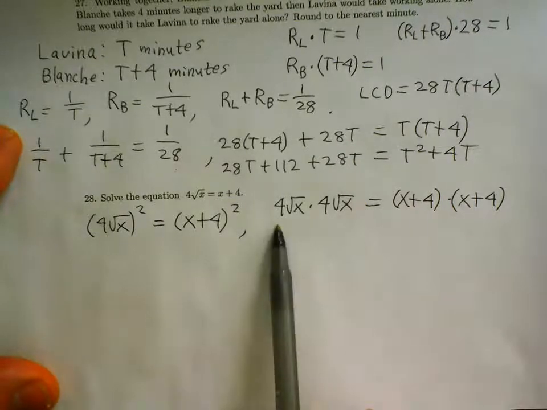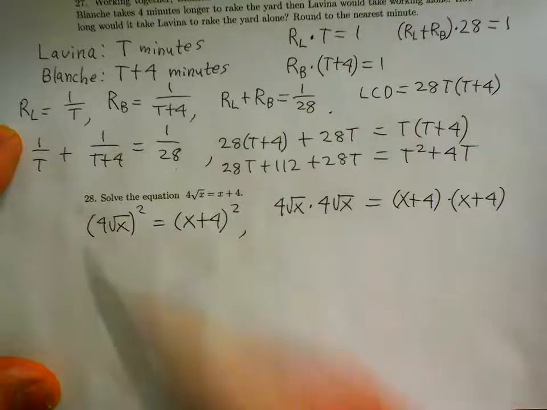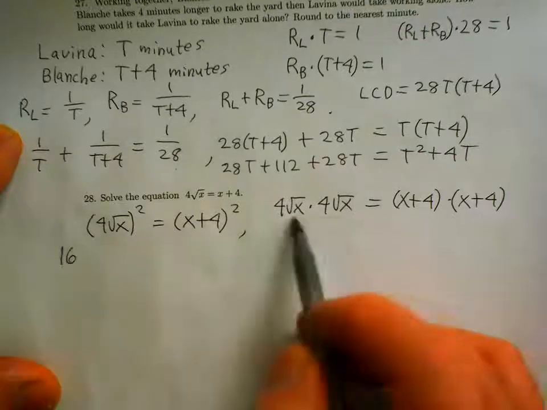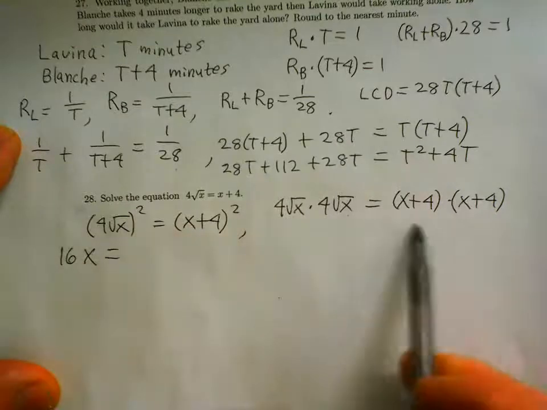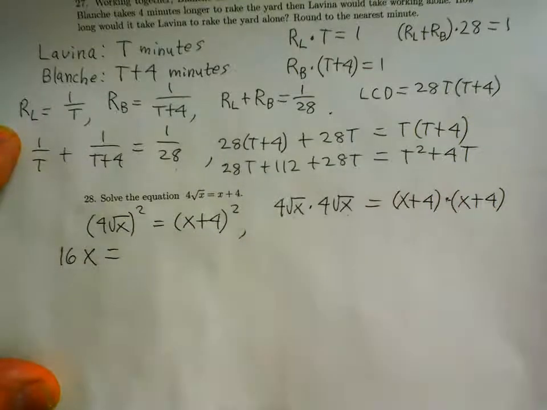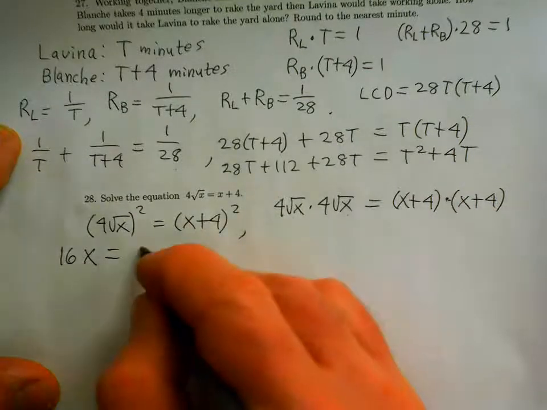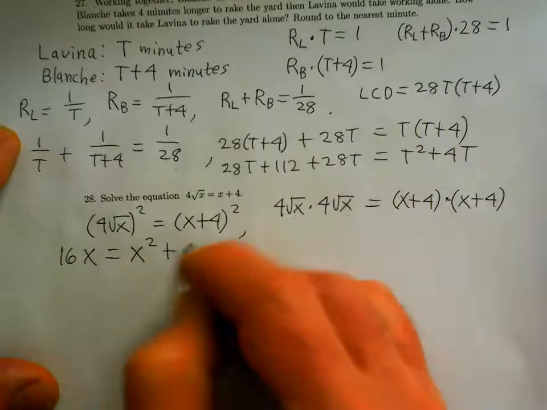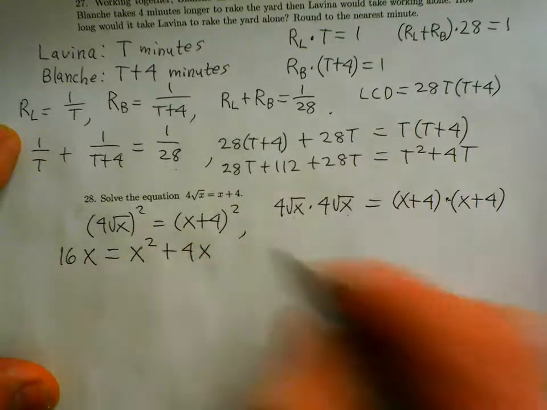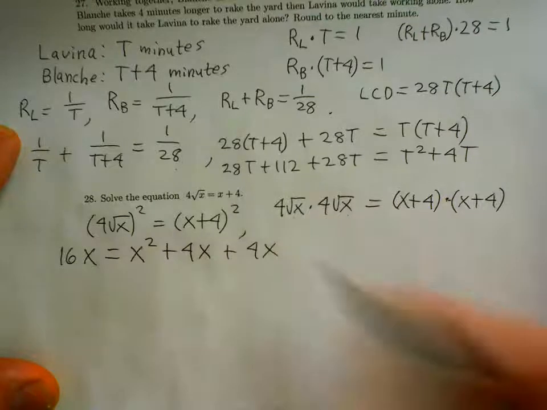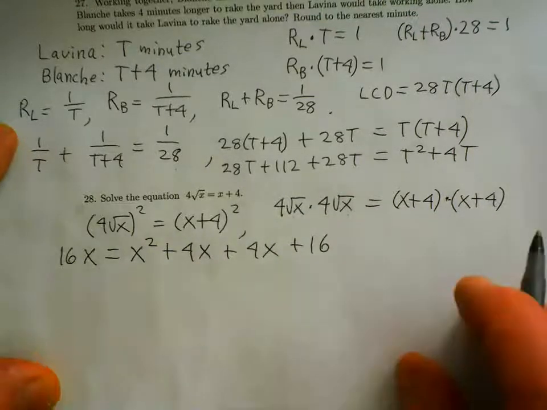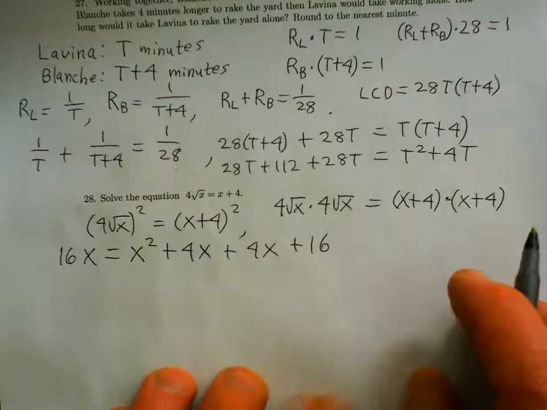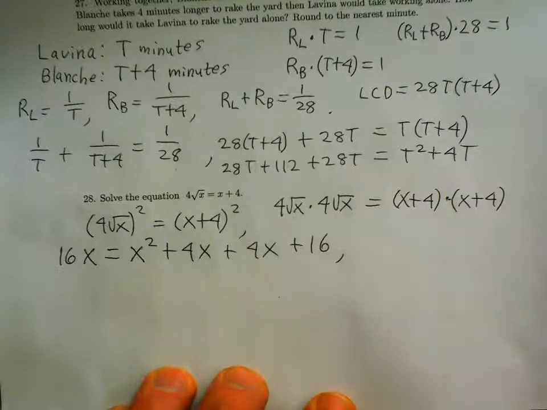So 4 times 4 is 16, and the square root of x times the square root of x is x. And then on the right-hand side, when we multiply x plus 4 times x plus 4, we get x squared plus 4x. And then we get plus 4x again, and then plus 16. Well, we get another quadratic equation.